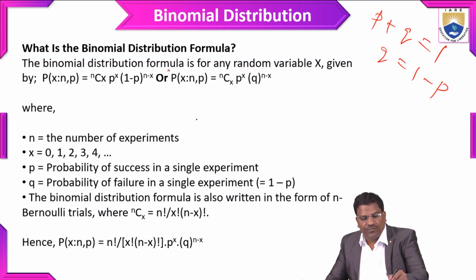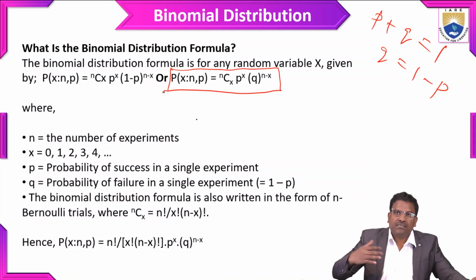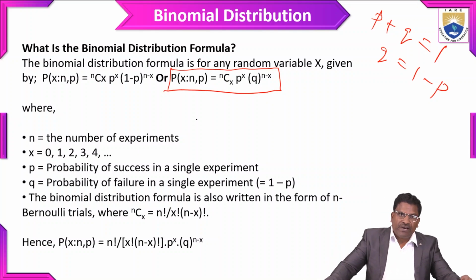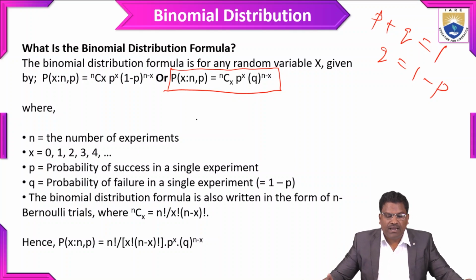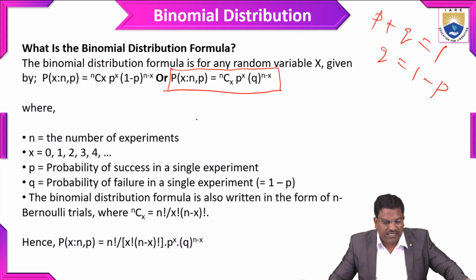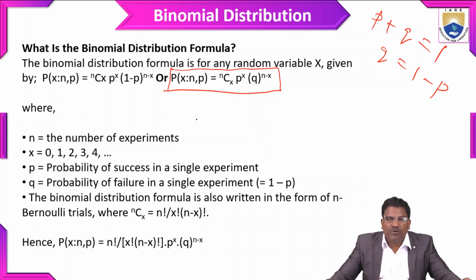So P of x and p is equal to nCx p to the power x into q to the power n minus x, where n is the number of experiments, number of trials, and x is the number of successes: 0, 1, 2, 3, 4, etc. Small p stands for the probability of success in a single experiment. Small q is the probability of failure in a single experiment. So q is equal to 1 minus p.